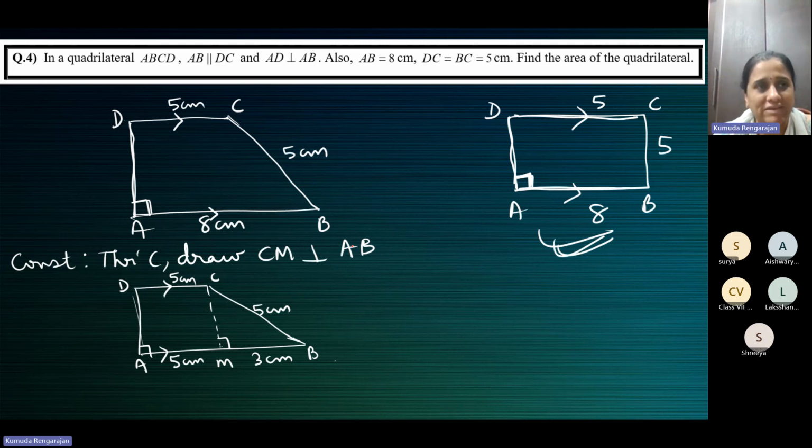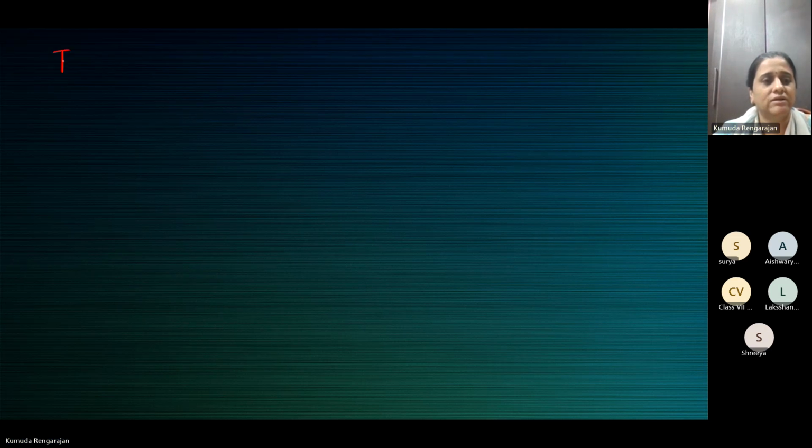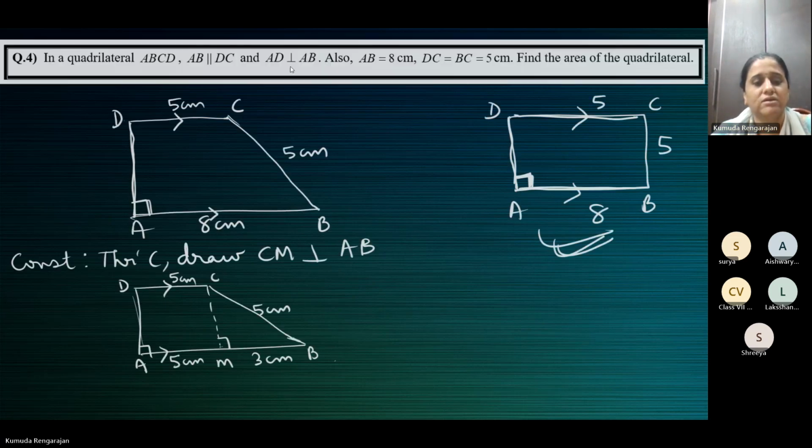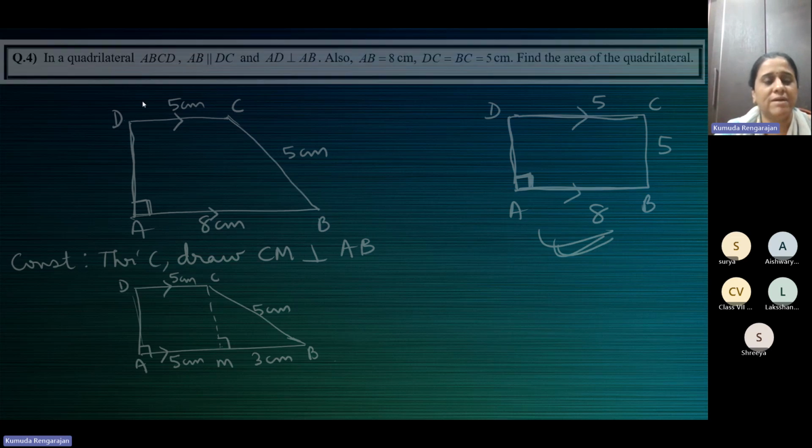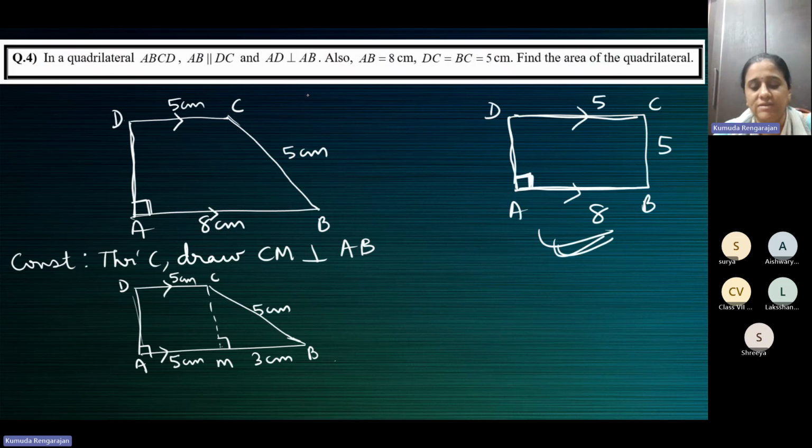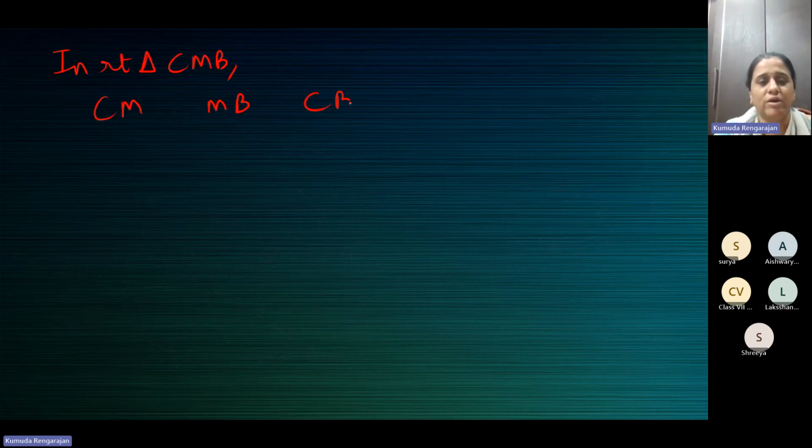Square all the sides. The hypotenuse should be alone on one side, and find the sum of the squares of the other two sides. So CM square plus MB square is equal to CB square.